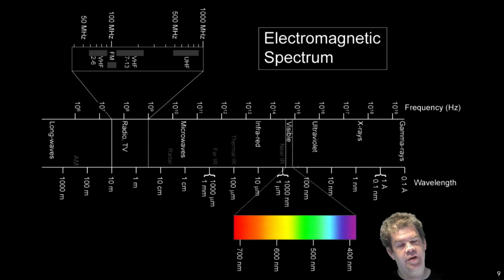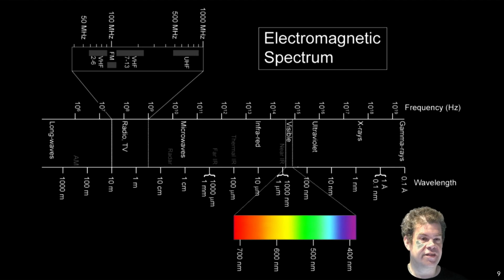The drawback is, well, there's two drawbacks. A, it's ionizing, so it changes our DNA, and B, we can't see it. Okay, so we have to use some special device such as photographic film to make it visible to the human eye. How do we produce X-rays?